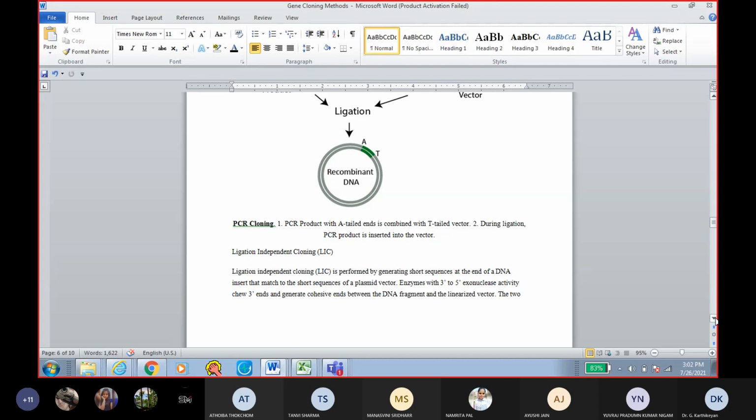Nucleases can be broadly defined as enzymes that chew up nucleic acids. Nucleic acids could be DNA or any type of RNA: tRNA, messenger RNA, or ribosomal RNA.